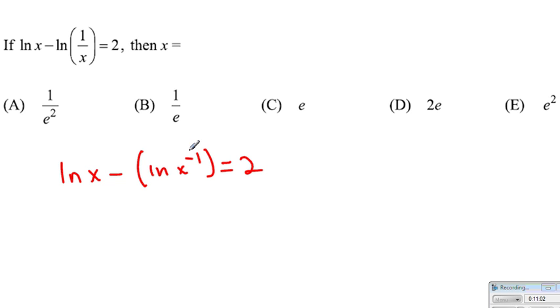But by the power rule, negative 1/2 will come to the front. It becomes ln of x plus ln of x equals 2. Then obviously ln of x equals 1. But then what value of x will ln of x be equal to 1? Then x has to be equal to e.